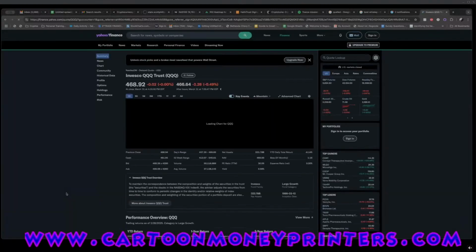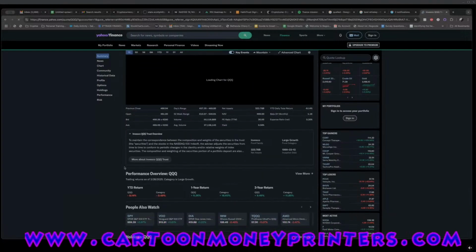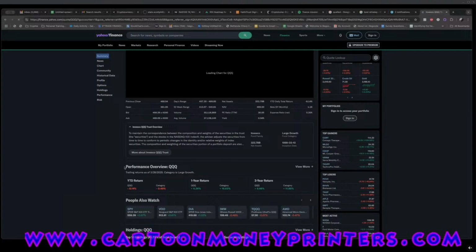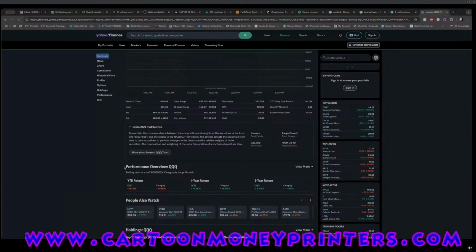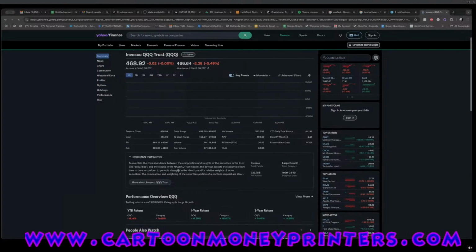It's a diversified exposure into the top NASDAQ companies. Does it have parity with the NASDAQ? It's got perfect parity with the NASDAQ. It's not identical, but it's pretty much the same thing.